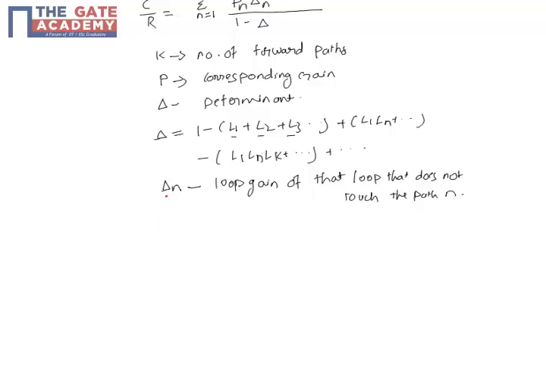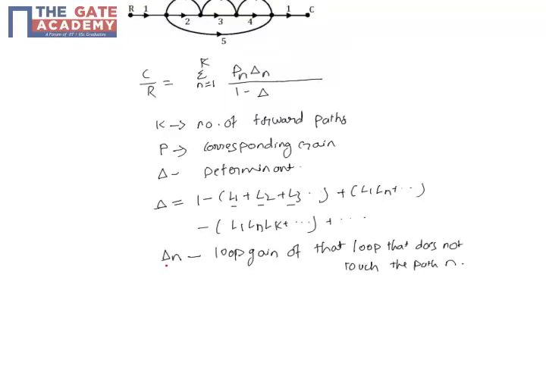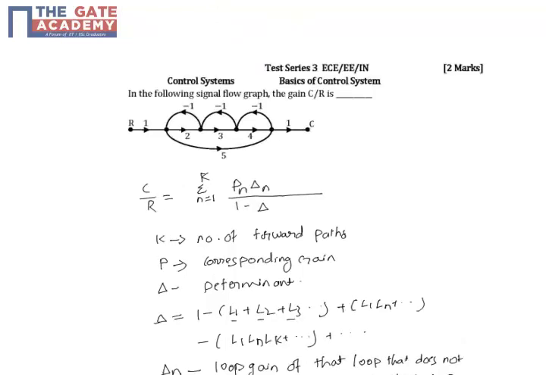Now, in this graph, there are two forward paths. One is along this straight line, which has a gain of 2 into 3 into 4. And then there is also this forward path, which is passing like this, which has a gain of 5.